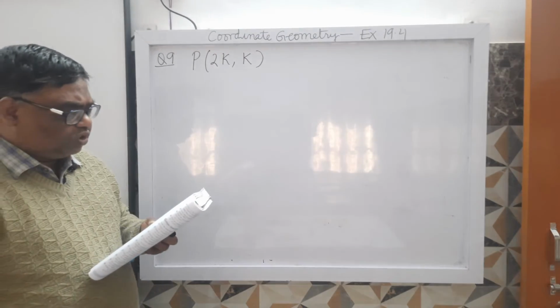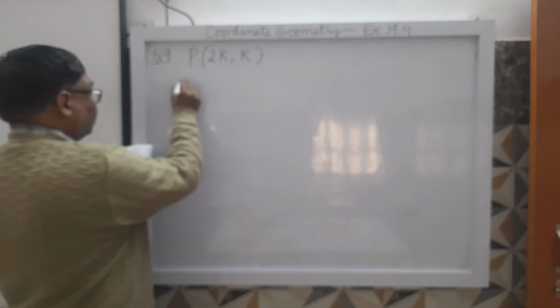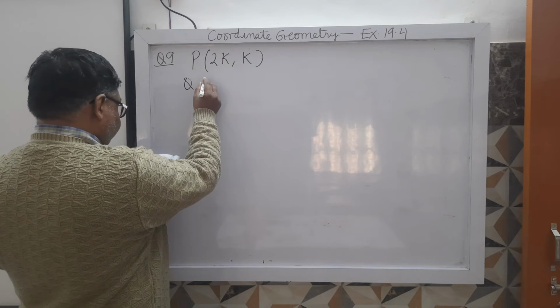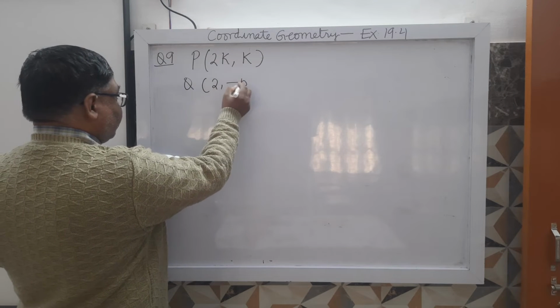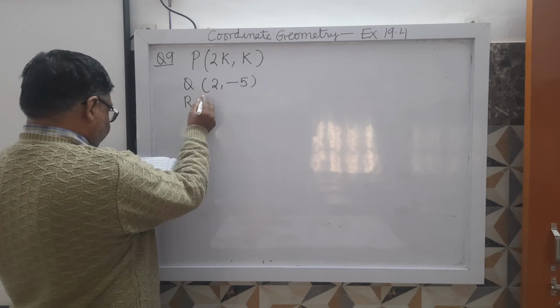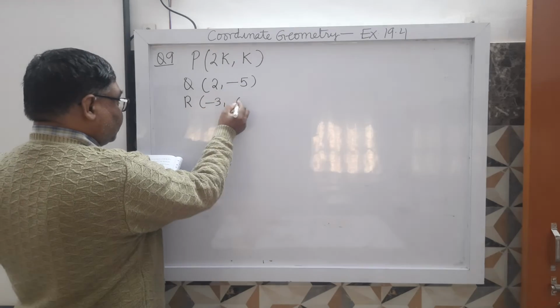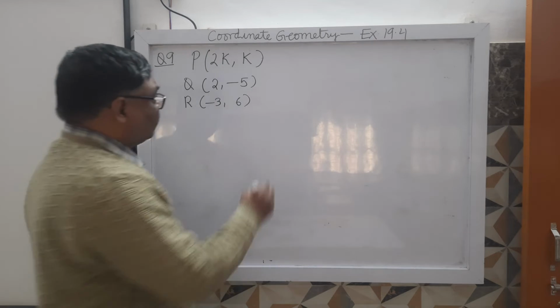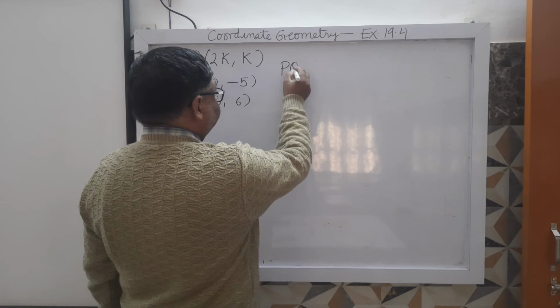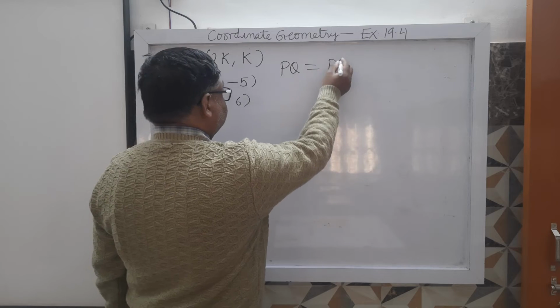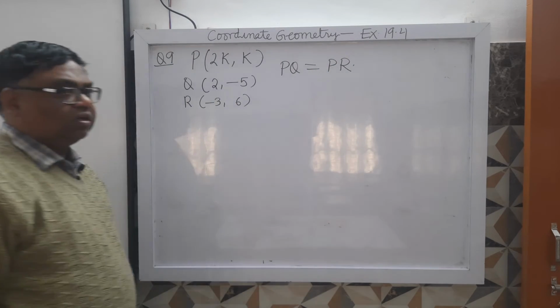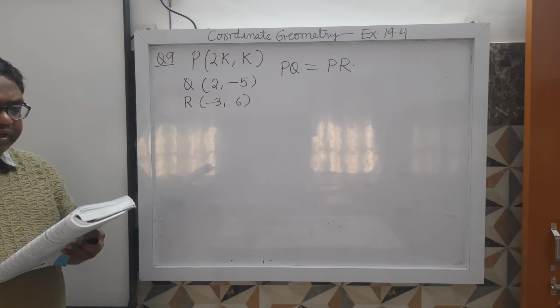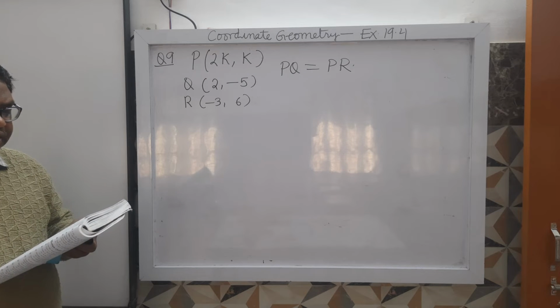If P is equidistant from Q and R, Q is given as 2 comma minus 5 and R is given as minus 3 comma 6. In the question it is given P is equidistant from Q and R, that is PQ equals PR. It is clear?